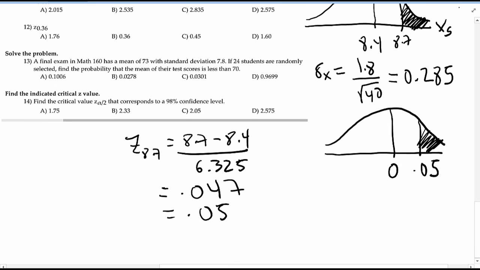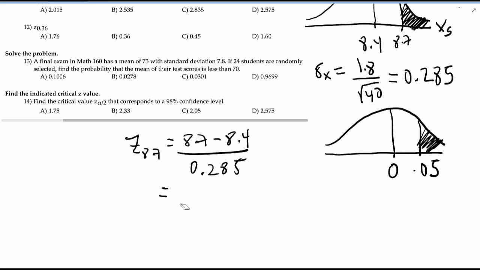And if that is the case, the z-value needs to be divided by that standard deviation, 0.285, and then the z-value is going to be a little bit larger. 8.7 minus 8.4 divided by 0.285 gives me 1.05, so this is 1.05 instead of 0.05, and we need to find this area.